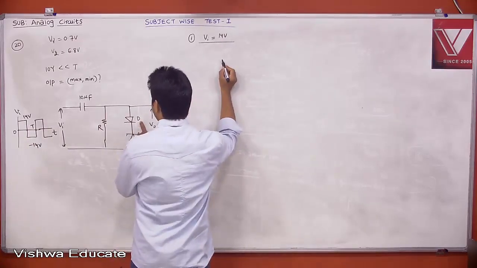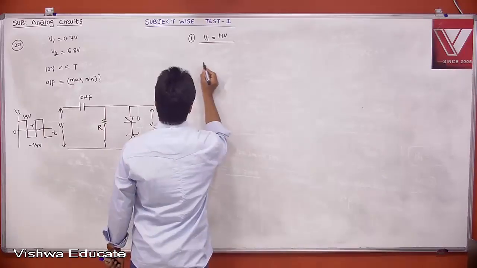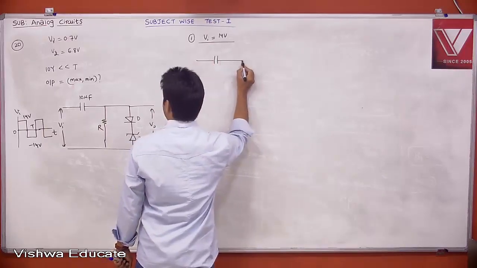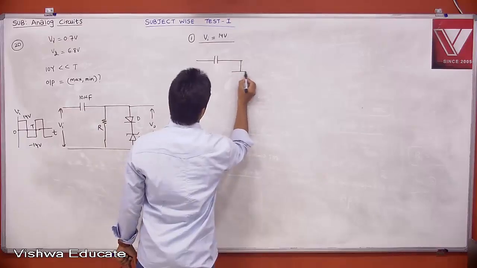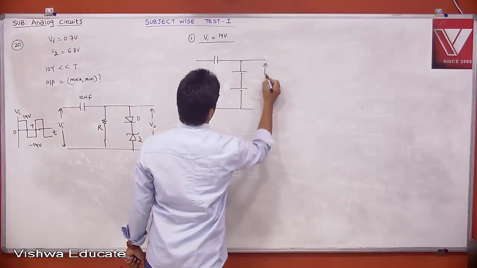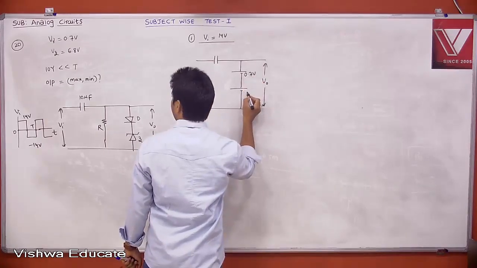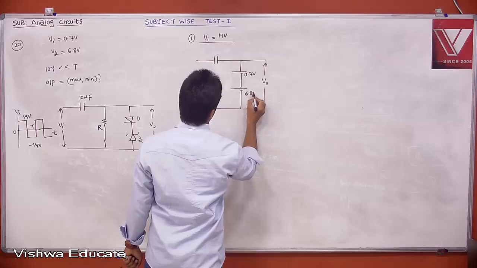Then your diode D is on, but the Zener diode will be in breakdown. Therefore, this is 0.7, and this is your circuit. Then what is your V0 here? This is 0.7 and it will be in breakdown, which is 6.8 volt.